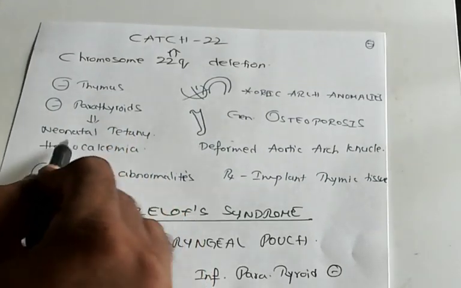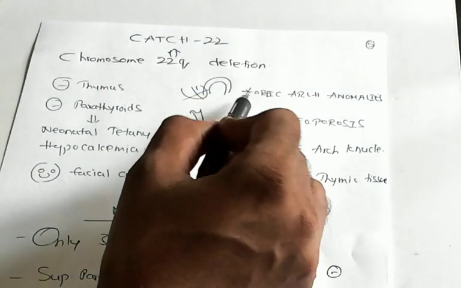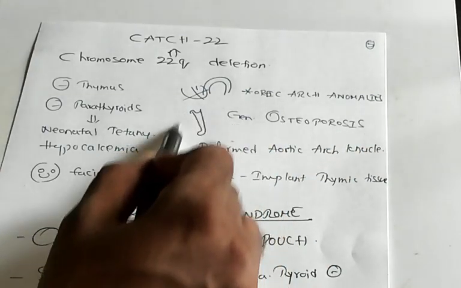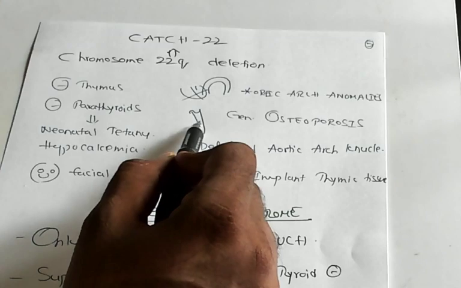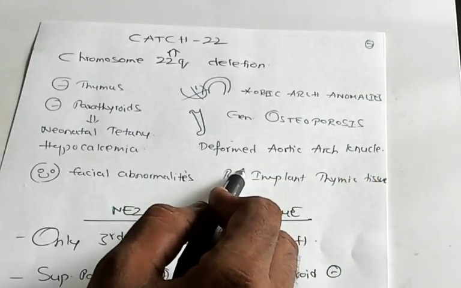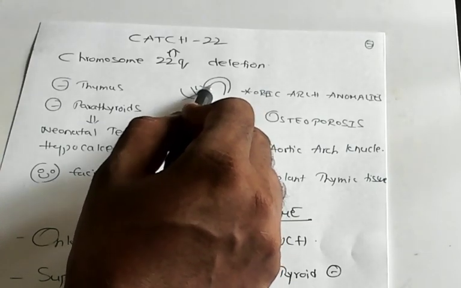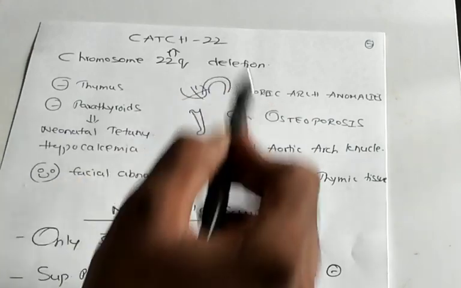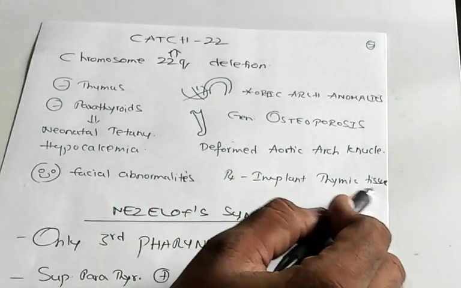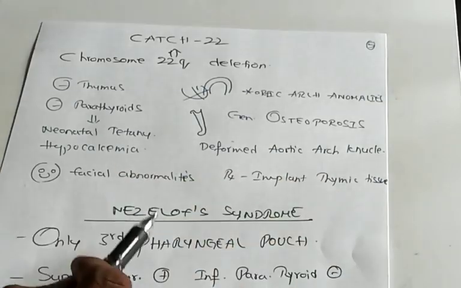That is the reason a DiGeorge kid will present with neonatal tetany, hypocalcemia, and they also have aortic arch abnormalities, generalized osteoporosis. हड्डियां जल्दी टूट जाएगा DiGeorge में. Deformed aortic arch knuckle. Obviously, aortic arch, if it is not properly formed, when you look in the PA view of the chest radiograph, you have an aortic knuckle, prominence of the aortic arch. That is deformed. And good news about this DiGeorge is, if you implant the thymic tissue which is missing in them, you can be able to reverse their immunodeficiency is what you need to remember.